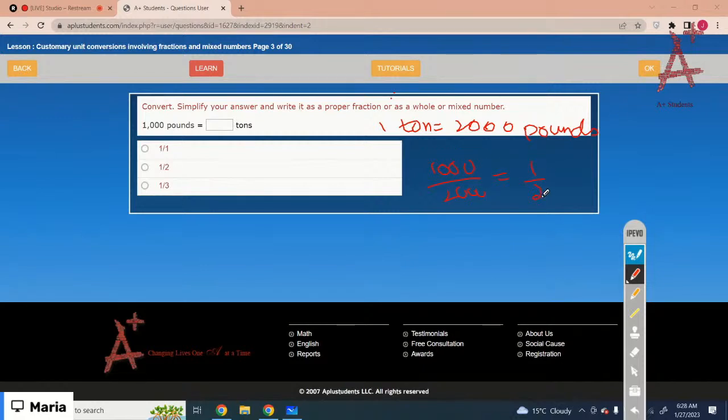It will be half. So 1000 pounds is half of a ton. So half, 1 by 2, is the correct option. Got it?